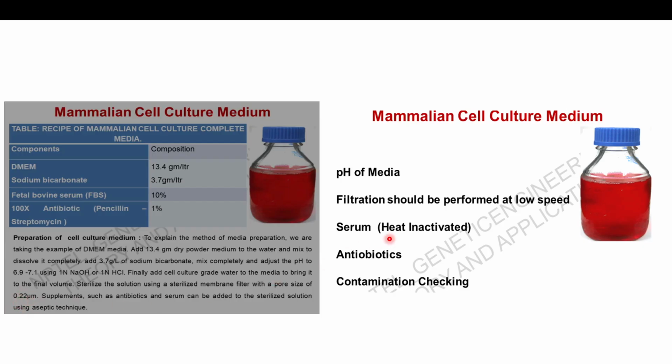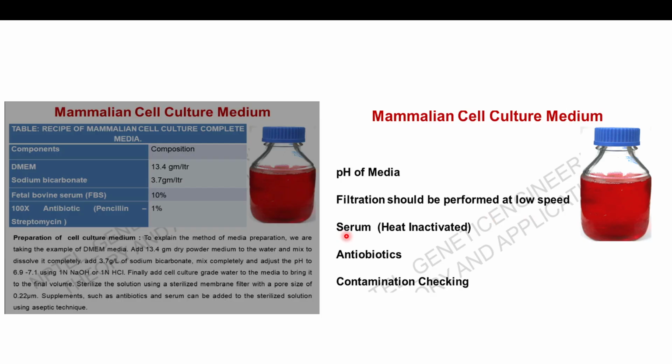You are filtering your whole culture media through those filters, and it has to be at low speed, because when you are filtering, you don't want to clog the pores. You also don't want, when you are giving too much pressure, some contaminants to be forced through the pores. So we don't really want that. So filtration is always performed at low speed.